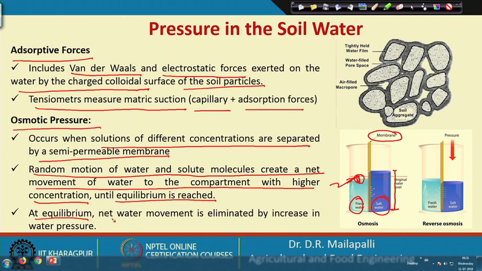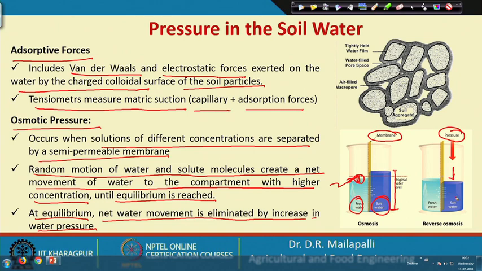So, at an equilibrium, the net water movement is eliminated by the increase in water pressure. So, that is basically by increasing the water pressure. So, this is an example of reverse osmosis. So, right, increasing the pressure, what happened? In case of reverse osmosis, generally you see in the water filters, right.